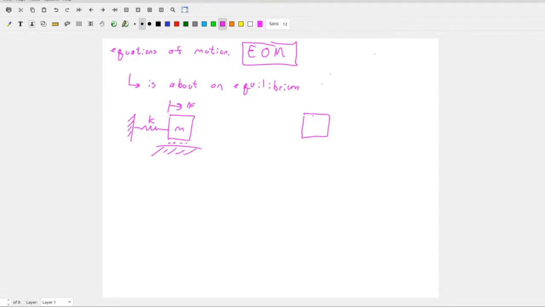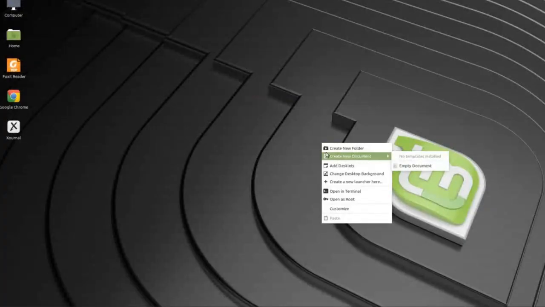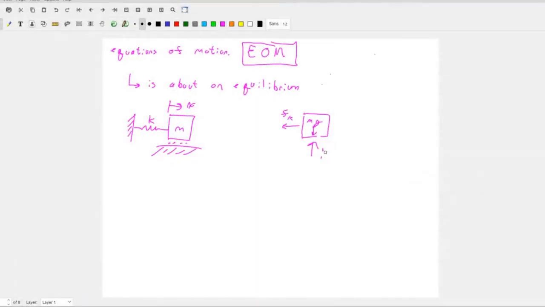You're more than welcome to define it the other way. The equation of motion should come out the same. Then we have a force acting down, and what's this force going to be? Yep, mg. And then we have a normal force acting back up, Newton's third law.